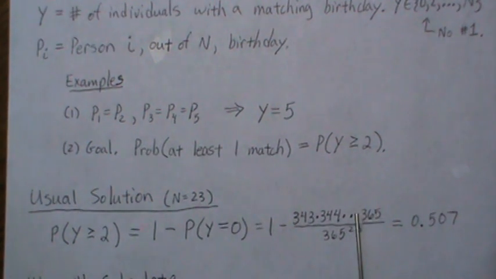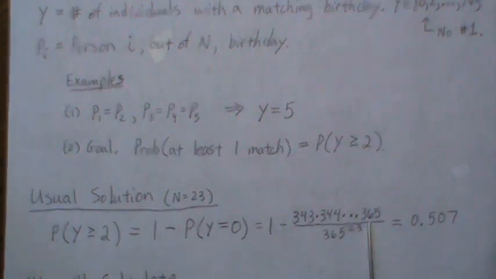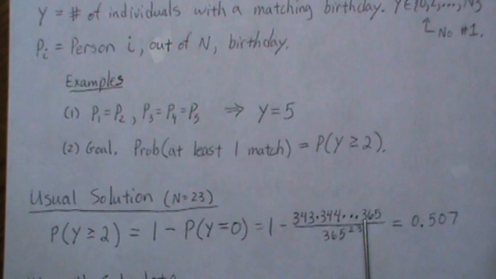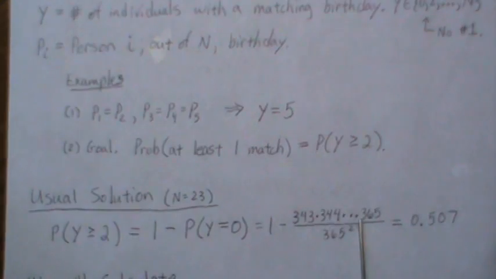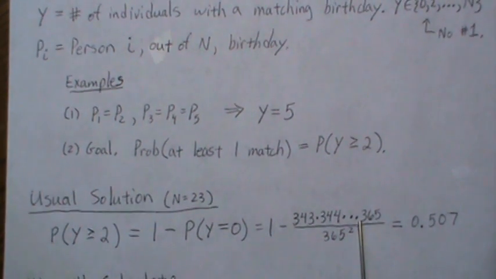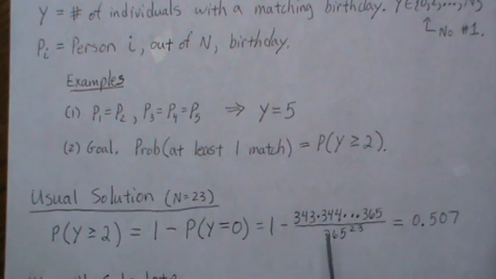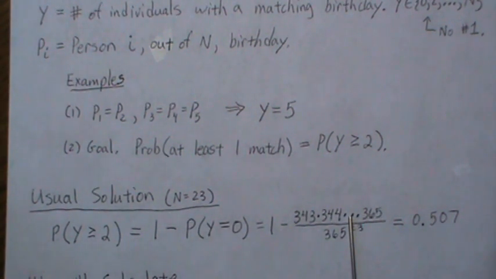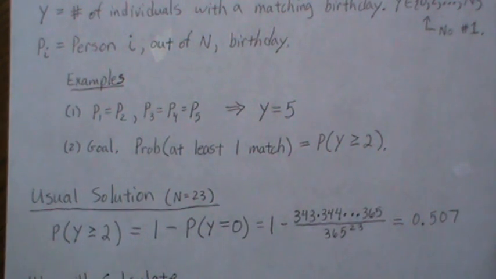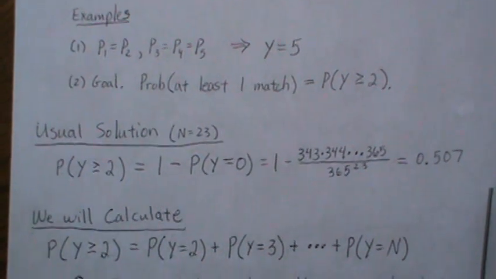The first person has 365 days to pick from. The next person only has 364 to pick from because they can't match, since we're trying to find the probability of 0 matches. The third person has 363 days, and so on down to the 23rd person. You calculate this, and the probability is 0.507. That's the usual way to do it.